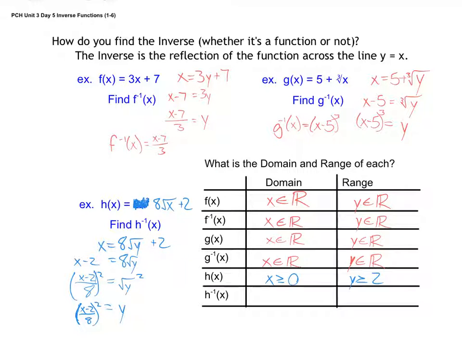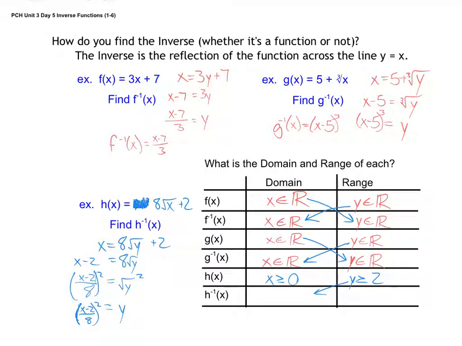Okay? This is where people go astray a little bit. And it wasn't as noticeable in the first two examples, because everything was all real numbers. Okay? But technically, the range here was the domain here. And the domain here is the range here.